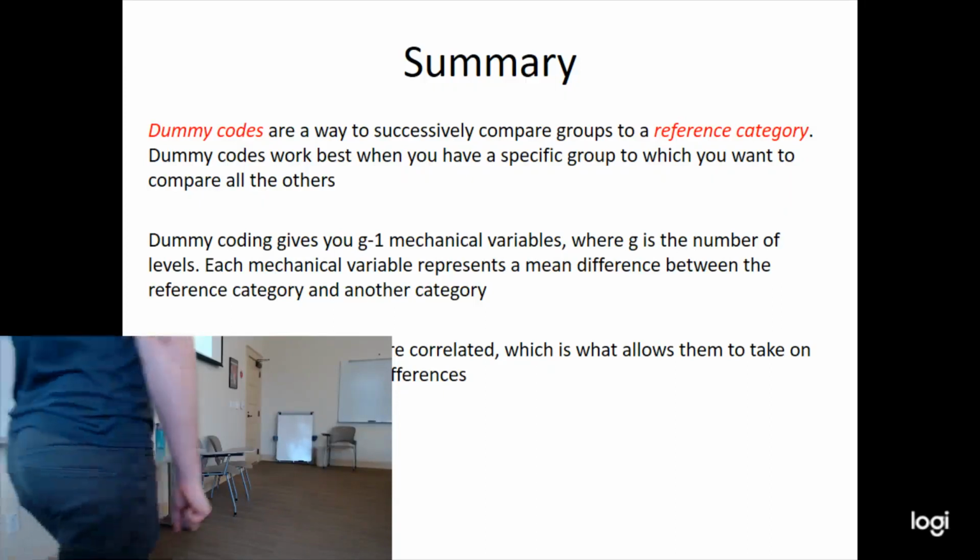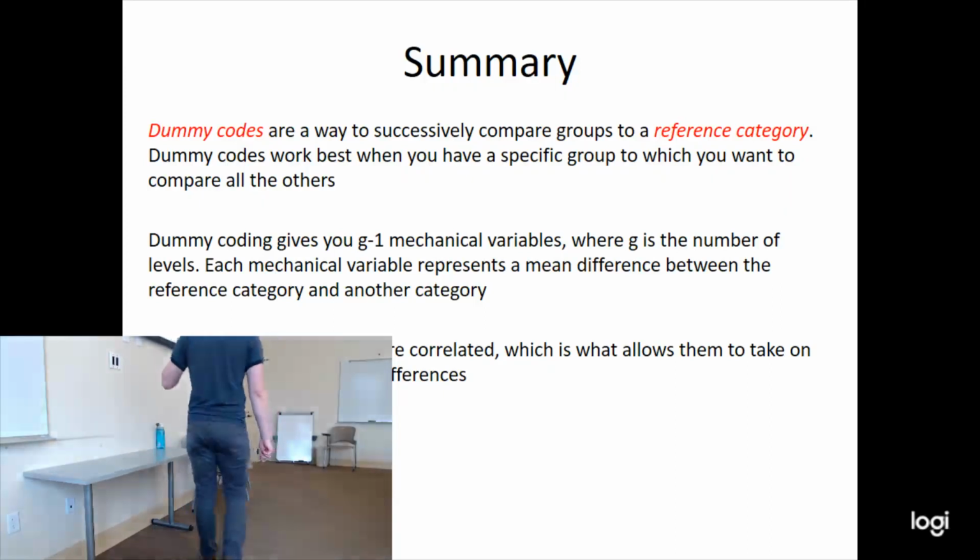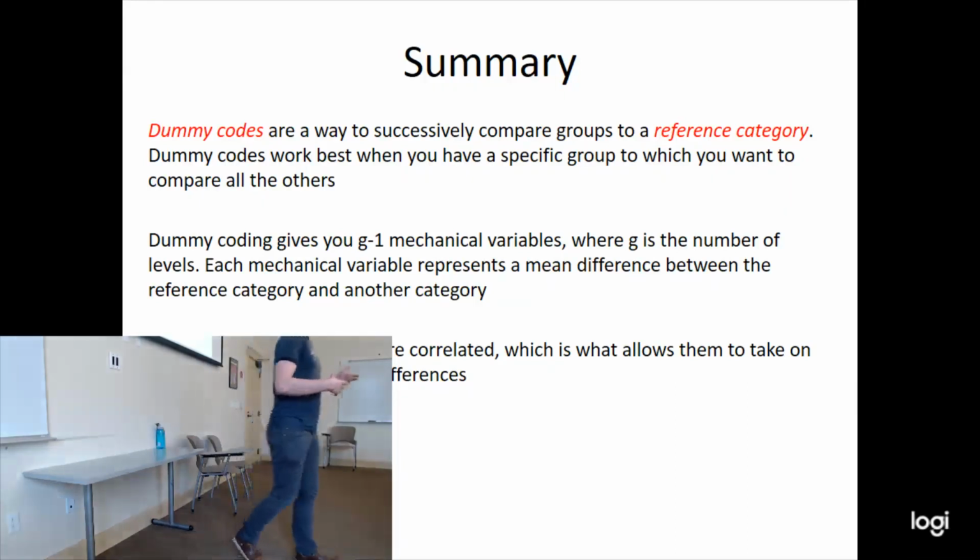Unlike planned orthogonal contrasts, dummy codes are correlated, they're non-independent, and that correlation is what gives them their interpretation of a specific pairwise comparison. So you have to include all the dummy codes if you want your dummy codes to have that interpretation.